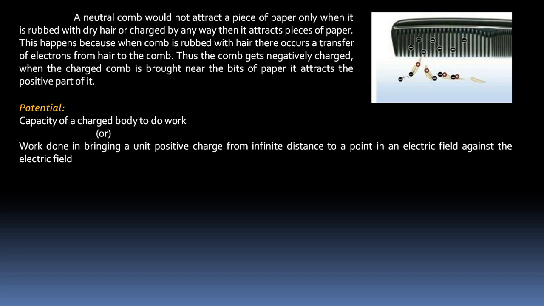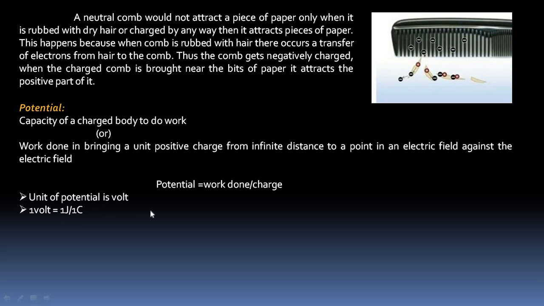The formal definition of potential is the work done in bringing a unit positive charge from an infinite distance to a point in an electric field against the electric field. The unit of potential is volt, and potential is work done per unit charge.